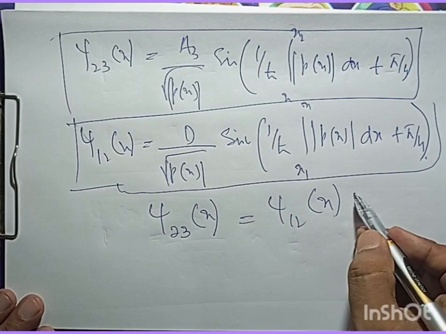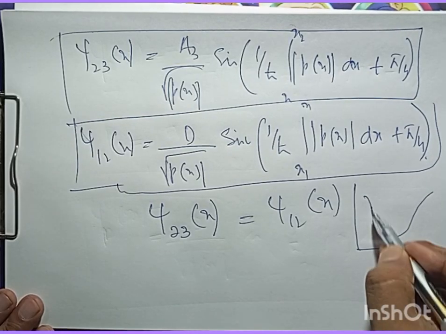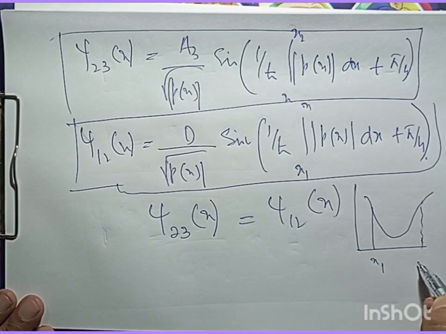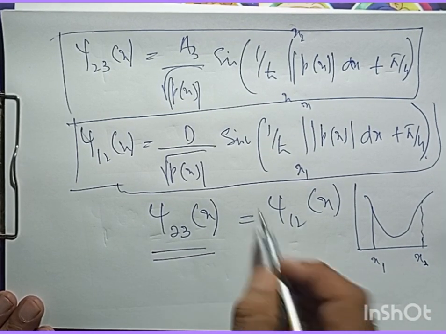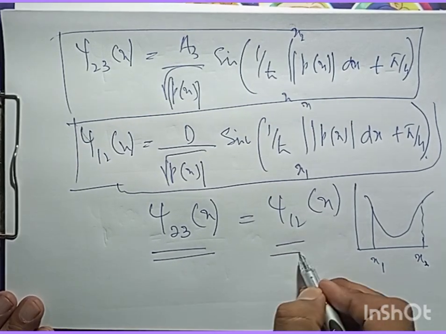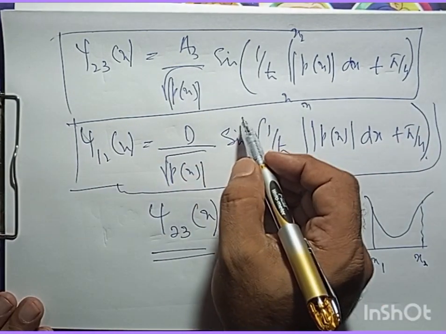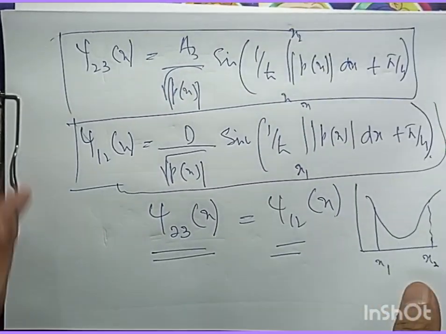Or we can say that because our problem is symmetrical at x1 and x2, symmetry also dictates that this psi 2 3 must be equal to psi 1 2. So that means there must be equality between these two equations. So this whole thing is equal to this whole thing. So let me write that down. So what will that be?